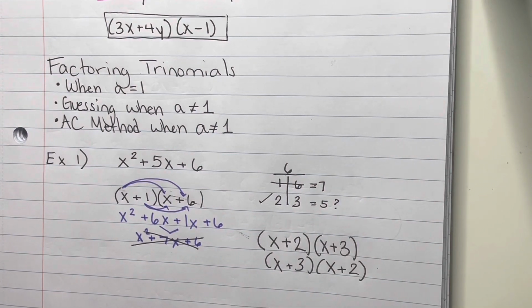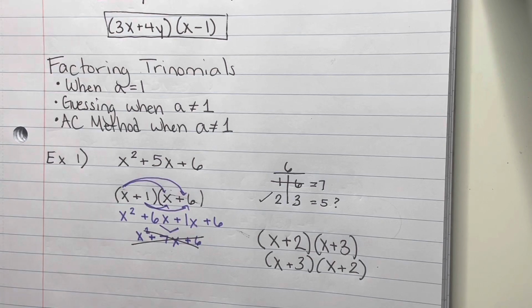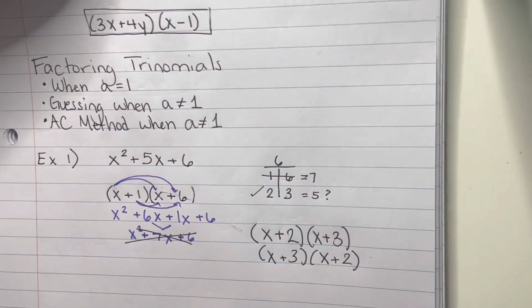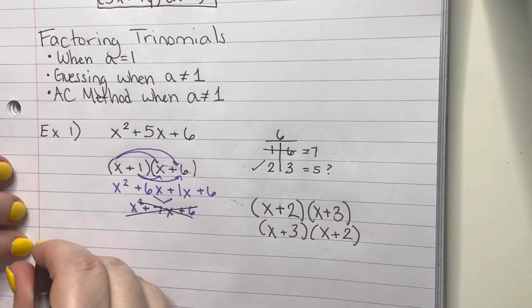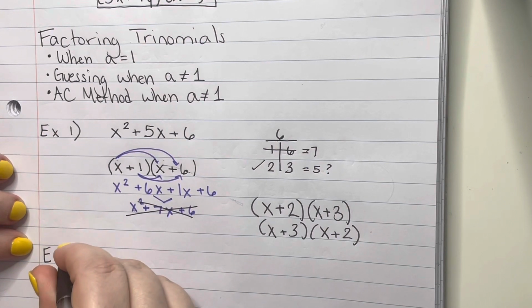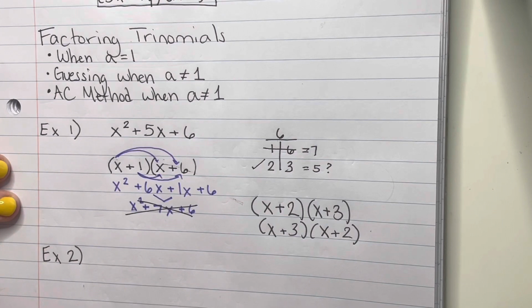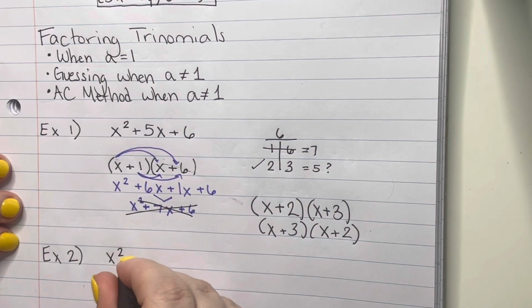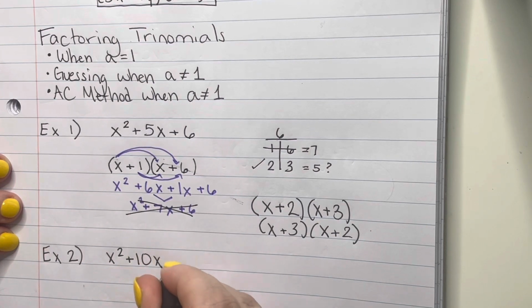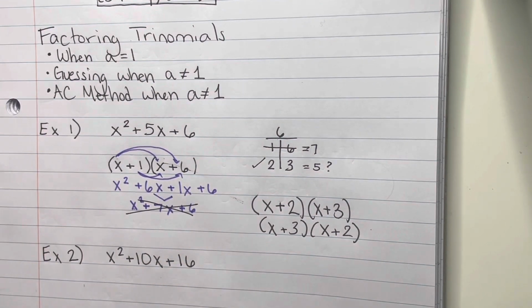So now we just want to get really good at this skill because this is an essential core skill for most of algebraic mathematics. Let's take a look at another trinomial. So this time we're going to factor x squared plus 10x plus 16.